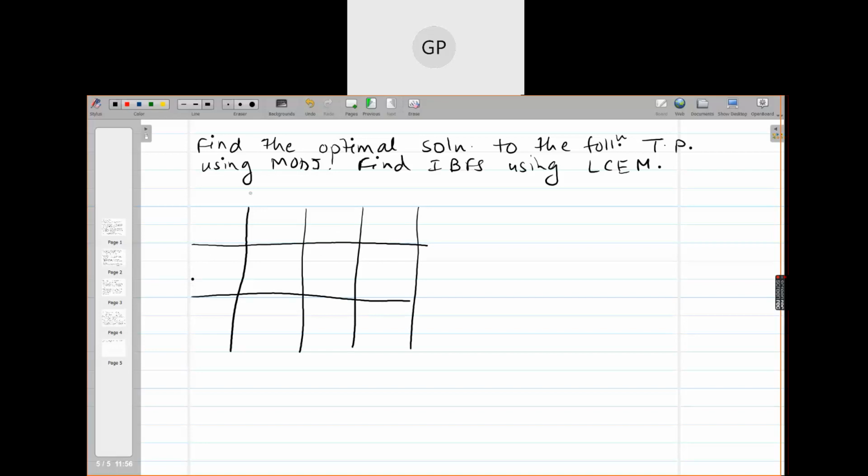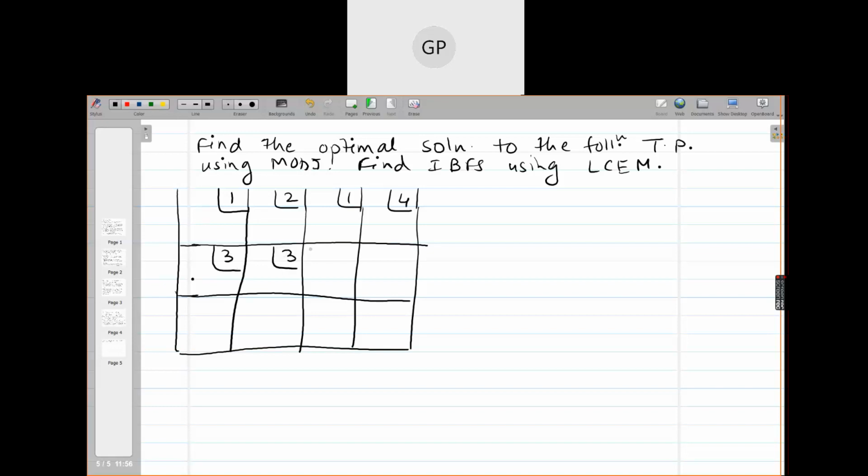I will make the cells bigger. So this is 1, 2, 1, 4. You can give names to sources and destinations as you want. 3, 3, 2, 1, 4, 2, 5, 9.